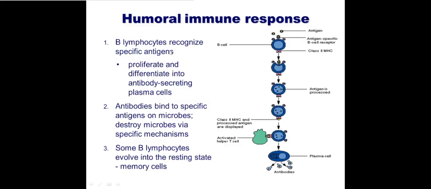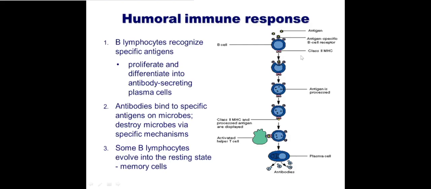So B lymphocytes recognize a specific antigen, proliferate and differentiate into antibody secreting plasma cells. Antibody binds to a specific antigen on microbes and destroys microbes by a specific mechanism. Some B lymphocytes evolve into a resting stage and memory cells.